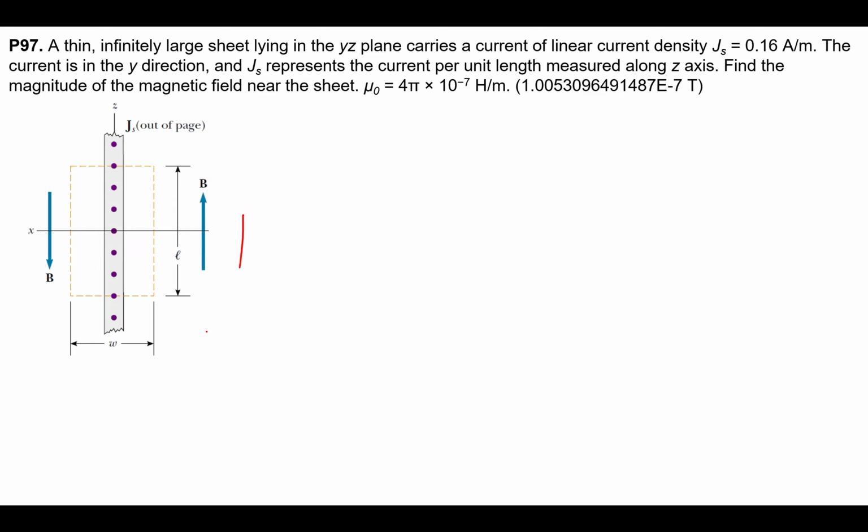So in other words, it looks like a kind of something like this, okay.